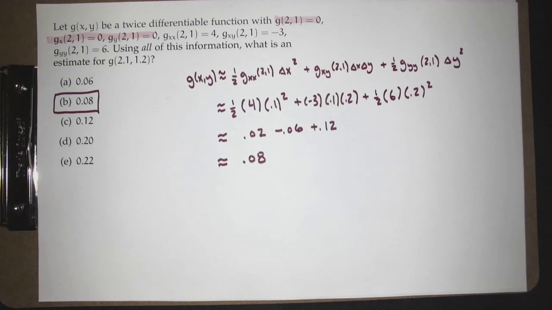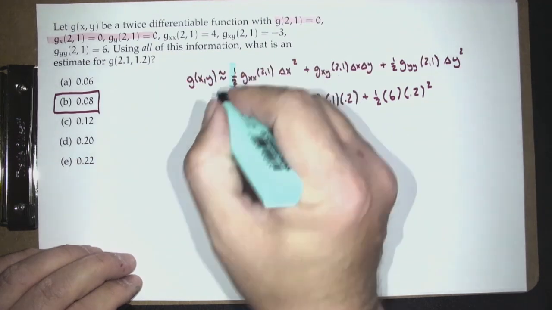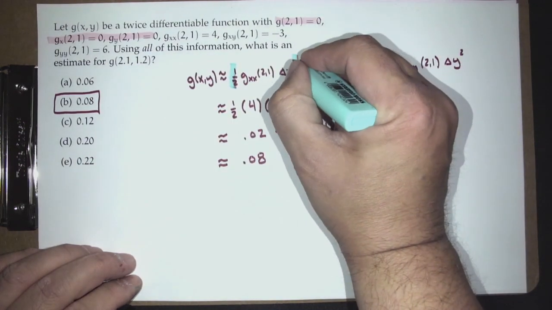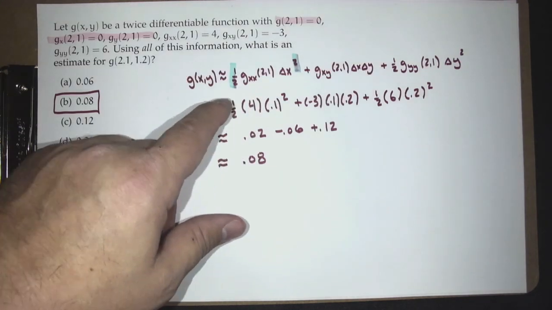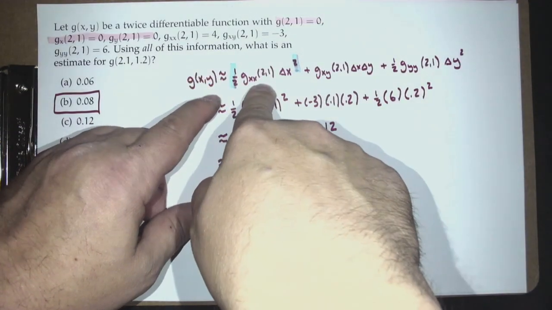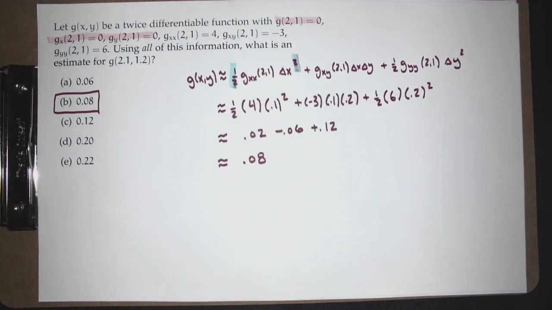So the simple answer, I don't know if it's simple, but this 1/2 here is in response to that 2 there. So what happens is when you're taking a derivative, that 2 will come down, and you want to end up not with 2 g_xx, you want to end up with only g_xx.